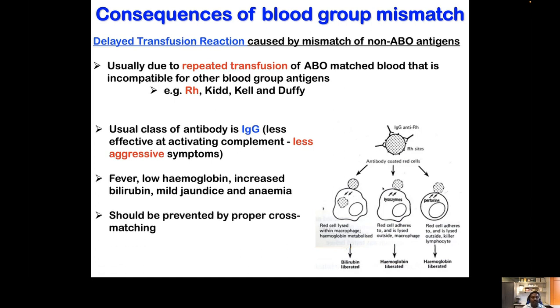So that's why this is a delayed response, mediated through RH antibodies produced upon exposure, and this will also lead to lysis of red cells. Therefore, we need to make sure this is not happening, and the lysis will cause the same symptoms as in ABO mismatch.